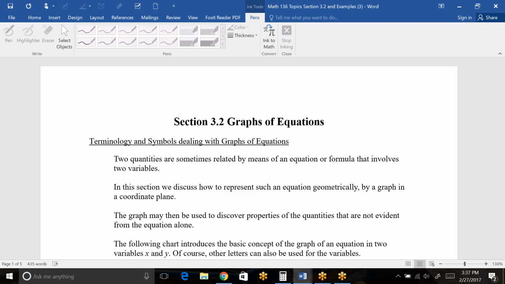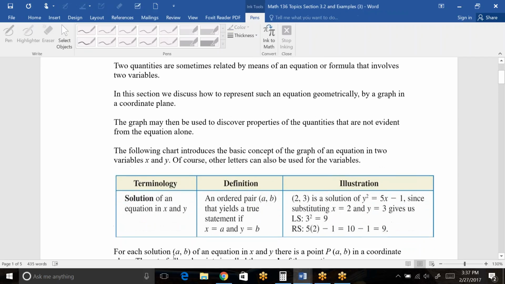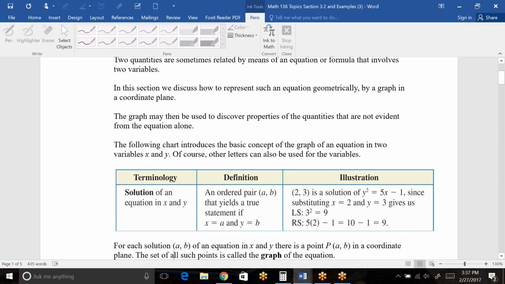So I'm just going to read through some of the notes. Two quantities are sometimes related by means of an equation or formula that involves two variables. We're going to talk about how to represent that geometrically. The thing students don't always get when they are doing a graph is that you are actually showing a visual representation of all possible solutions to that equation.